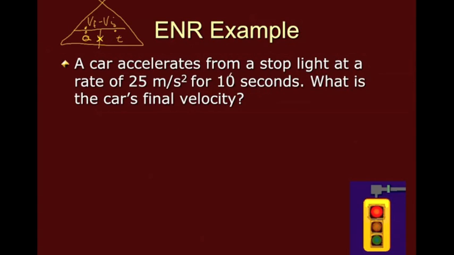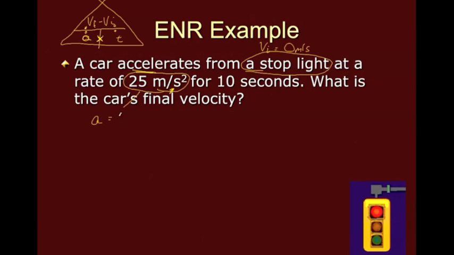It says a car accelerates from a stoplight, which means its initial velocity is 0 meters per second, at a rate of 25 meters per second squared. Ooh, this is a little bit different. Meters per second squared, it's telling you it's accelerating, so it's giving you acceleration.